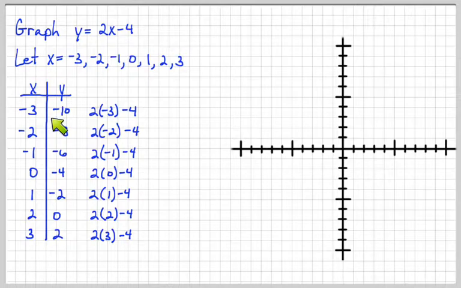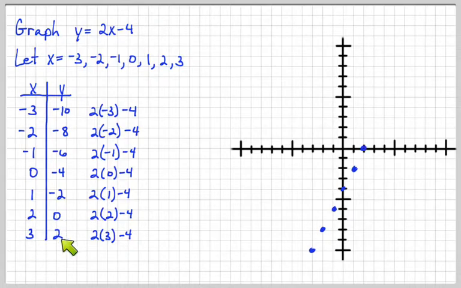So plotting each of these ordered pairs, we'll go left 3 down 10, which is here. Then left 2 down 8. Then left 1 down 6. Left or right none down 4. Right 1 down 2. Right 2 up or down none.